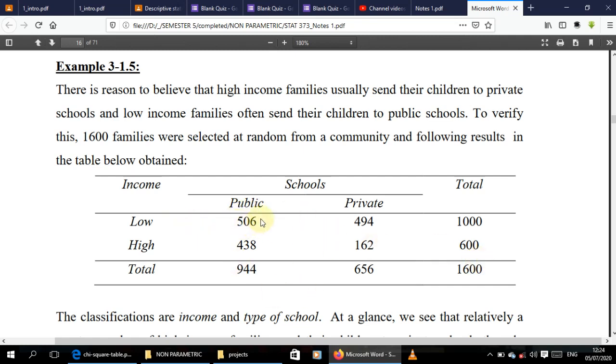This is the frequency for children coming from low income who go to public school, they are 506. Children with low income level who go to private school, 494. Children with high income level who go to public school, 438, and then private school with high income, 162. So these are the observed frequencies.